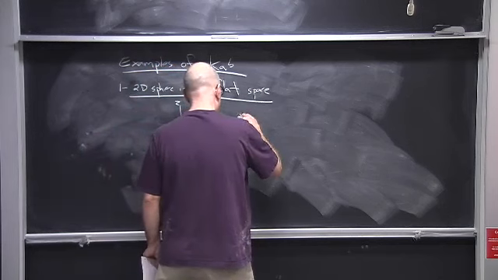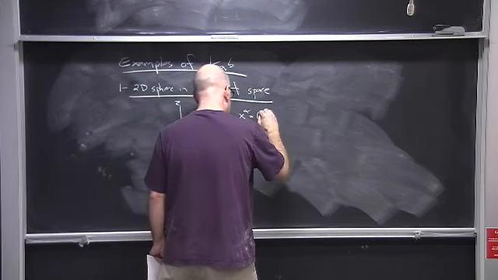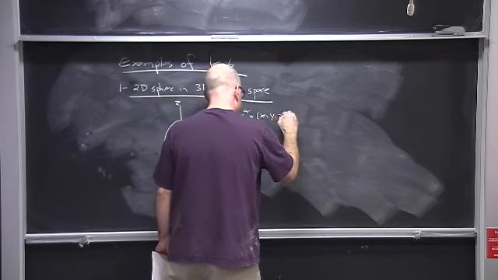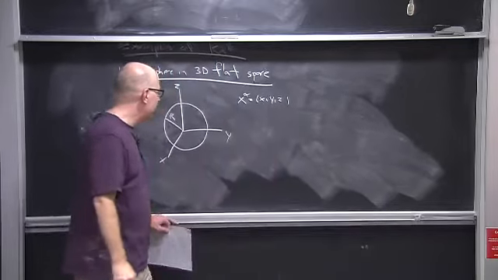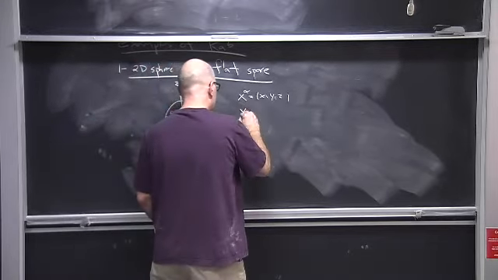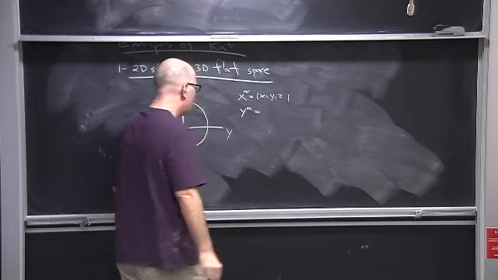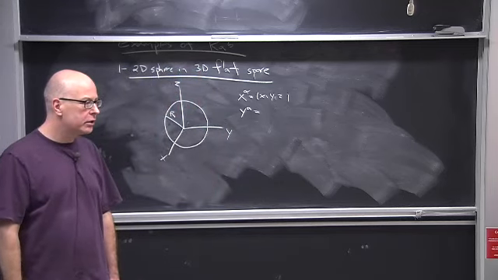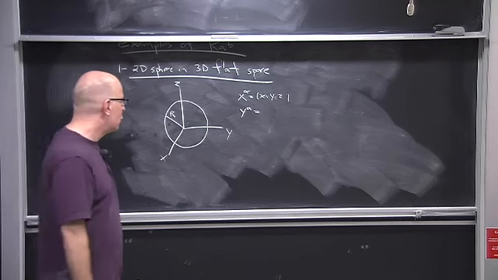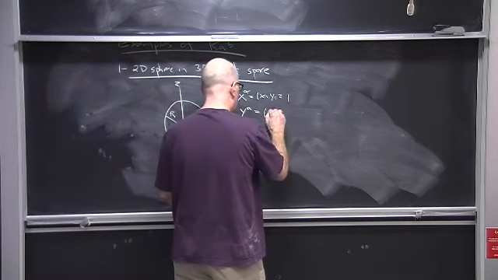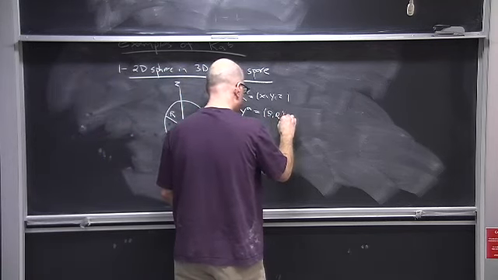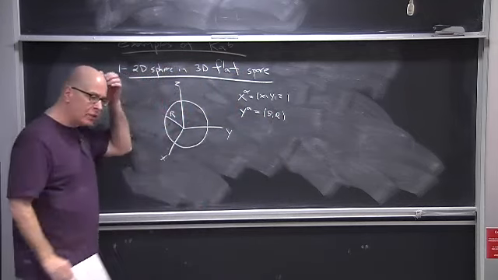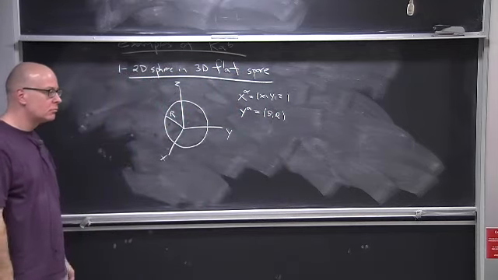So my bulk coordinates are going to be the Cartesian coordinates of my three-dimensional space. And what I'll do on the sphere is to use the usual spherical polar coordinates. So I'll use my two angles, theta and phi, as intrinsic coordinates on the sphere.